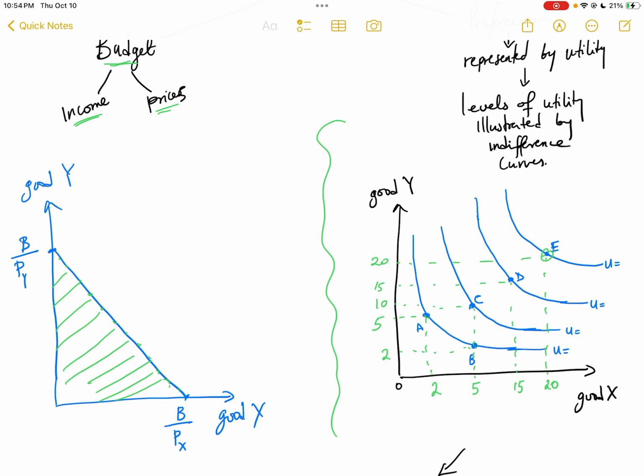Because whether you consume bundle A or B, you are getting the same level of satisfaction from it. So along the first indifference curve where bundle A and bundle B sit, your satisfaction level is, say, at 10.